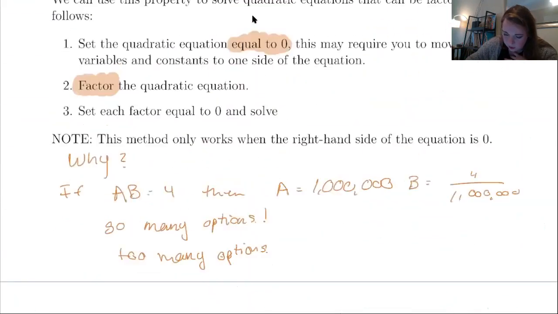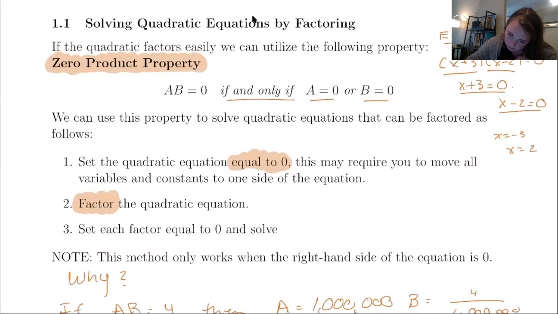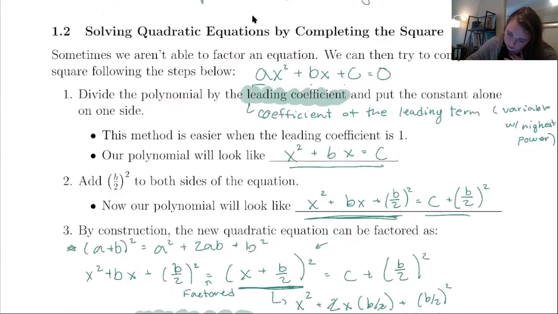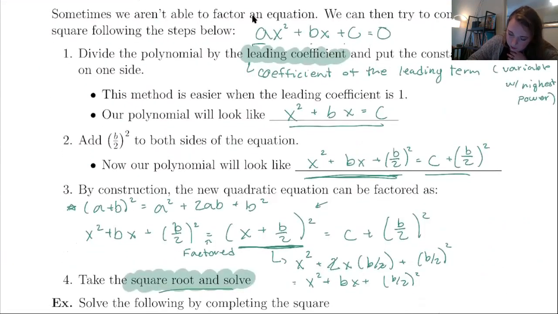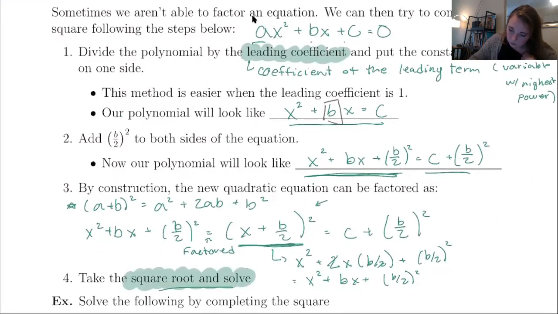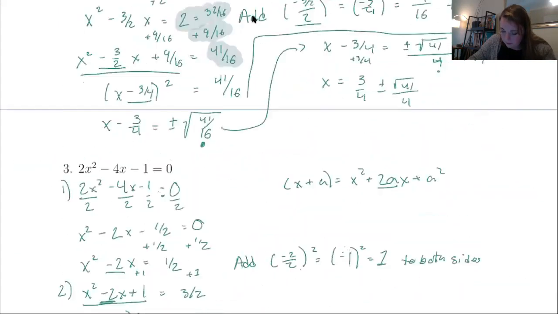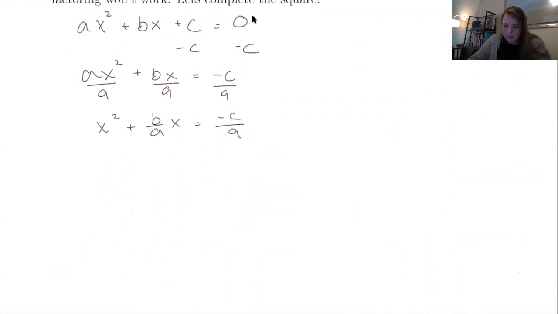We're going to, oh, that's by factoring. Where is, there it is. Add b over 2 squared, right? So b would be this guy onto both sides of the equation, right? So b here, the bigger idea of b is b over a, right?